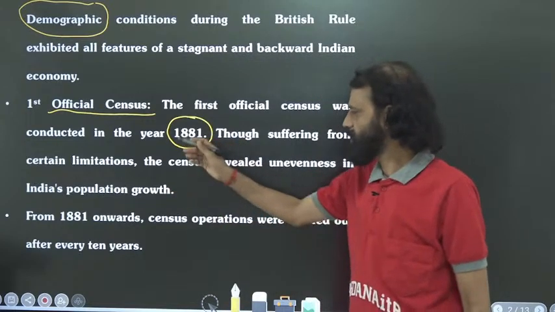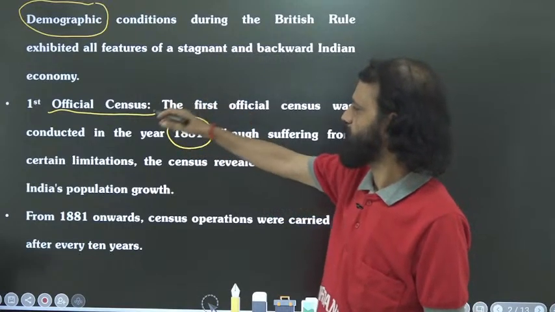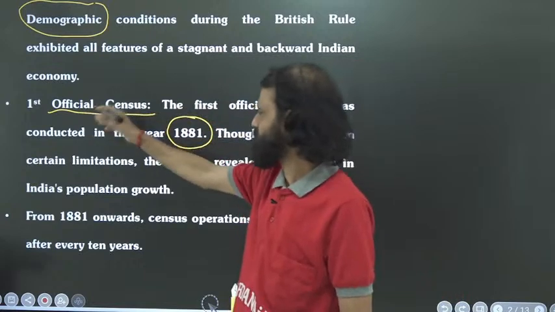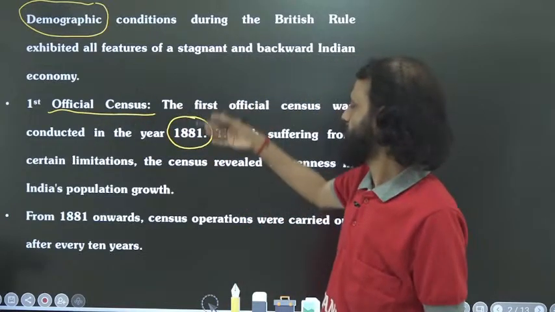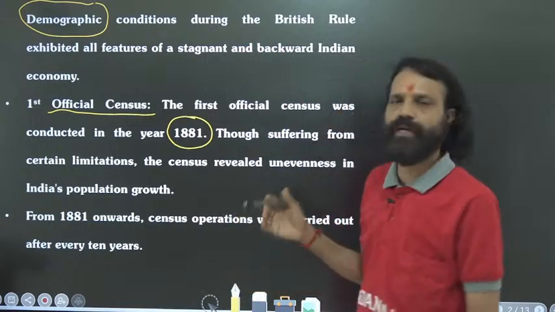After the study of this 1881 census, we came to know and understand India's population growth.